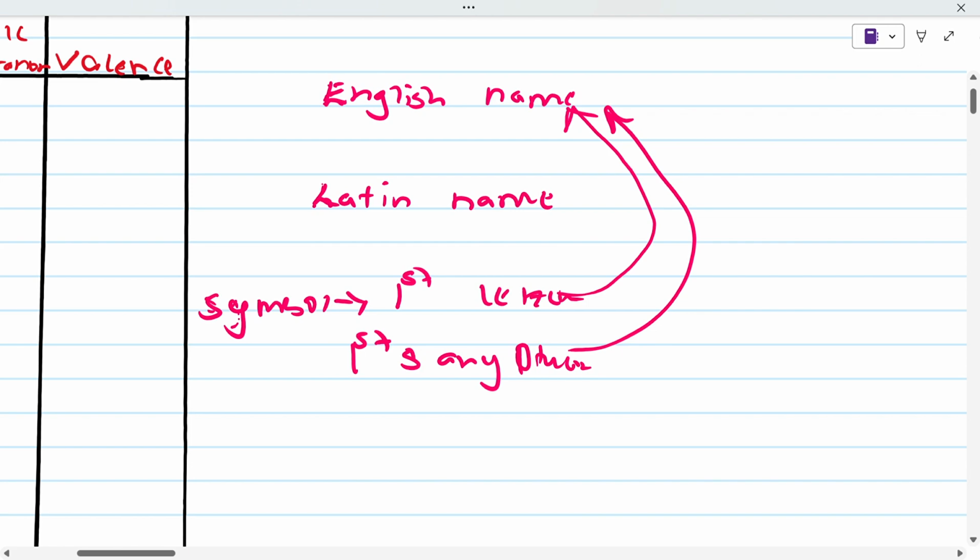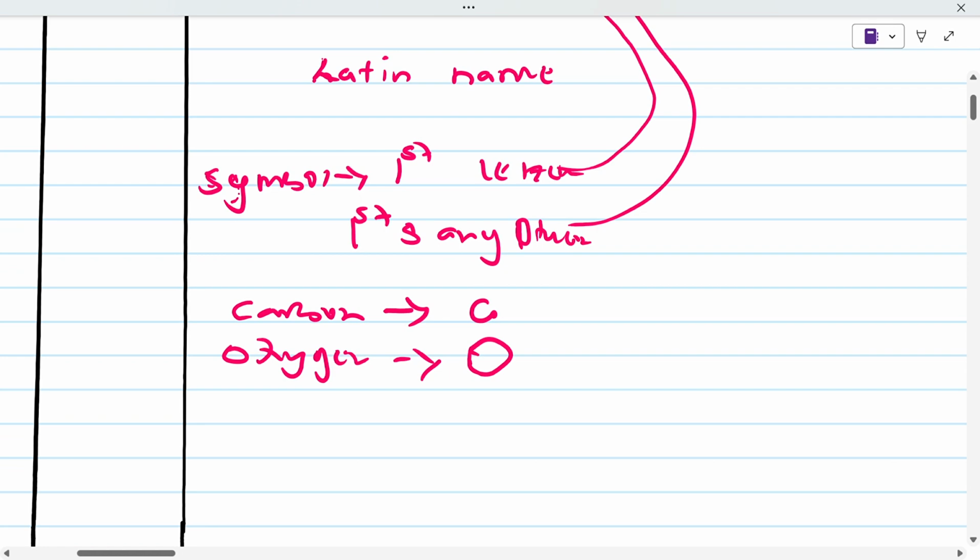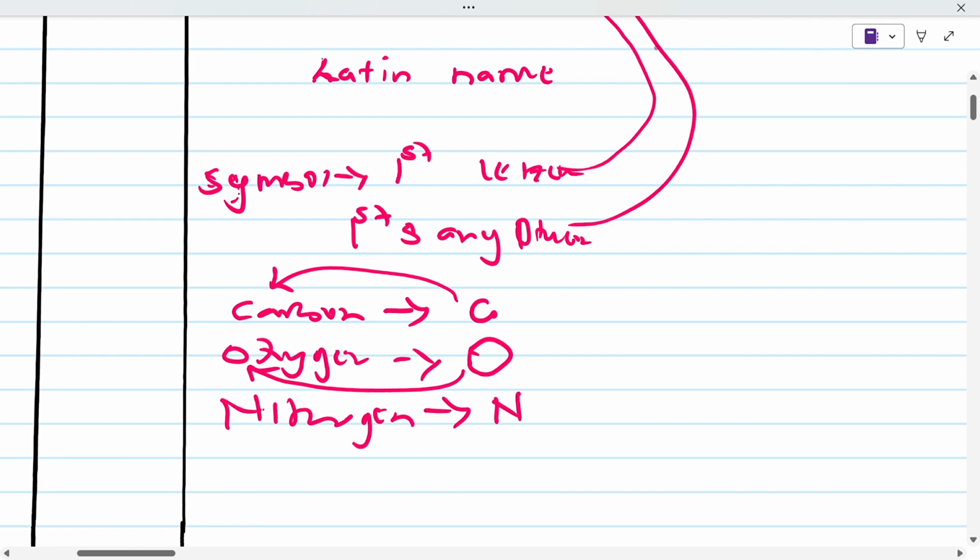So for example, carbon was capital C. Oxygen was capital O. Nitrogen was capital N. So, these are symbols derived from the first letters of their English names.